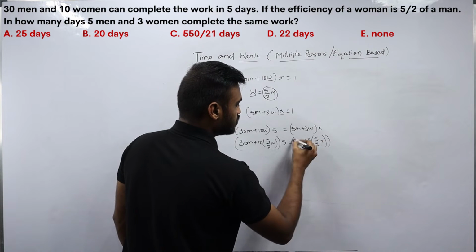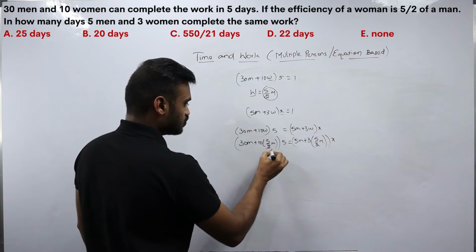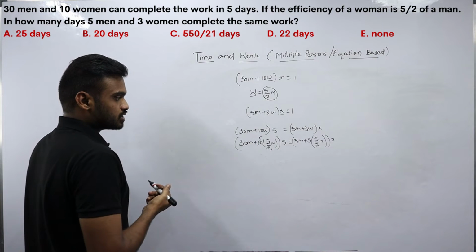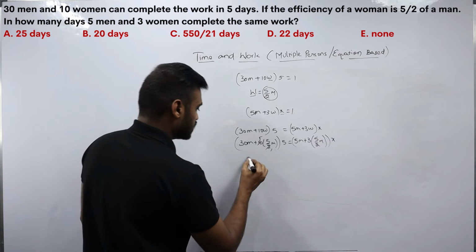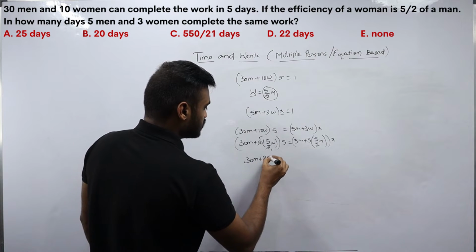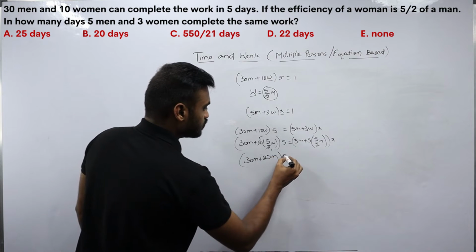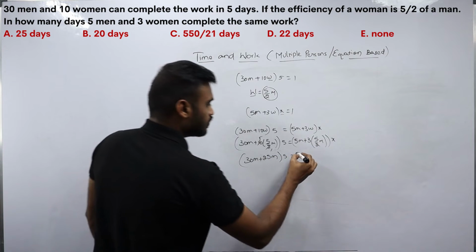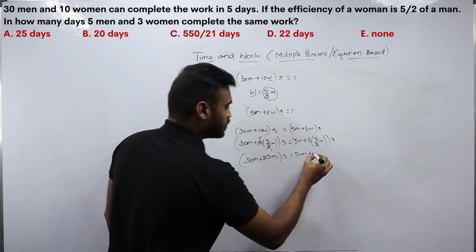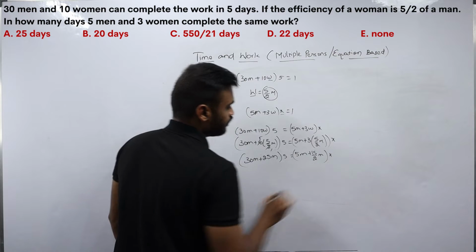into x. Now if I cancel these, 2 ones, 2 fives, it will be cancelled, and then I will get 30 men plus 5 into 5, that is 25 men, into 5 equal to 5 men plus 3 into 5, that is 15 by 2 man, into x.